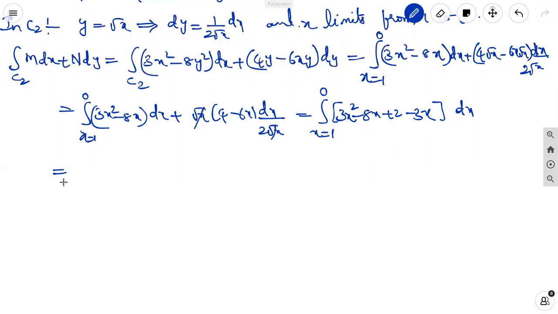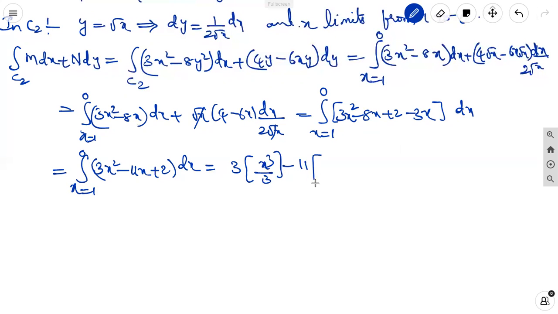It is equal to the integral from 1 to 0 of 3x square minus 8x minus 3x, minus 11x plus 2, into dx. Integrating with respect to x: x square integration is x cube by 3, minus 11 into x integration is x square by 2, plus 2 into 1 integration is x, with limits from 1 to 0.